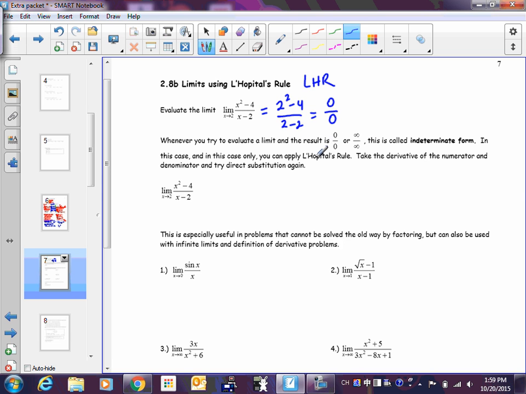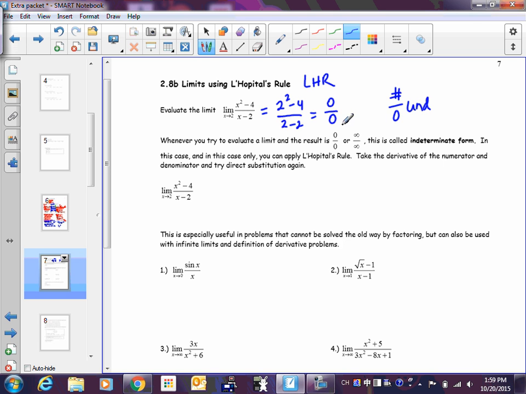I've talked about this before, but I think today you'll have a better understanding. 0 over 0 is not 1. It's not 0. It's not infinity. It's really not even undefined the same way a number over 0 is undefined. That is undefined. You can't do anything with that.